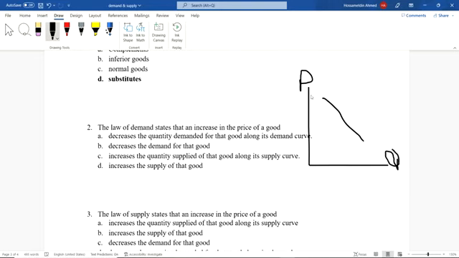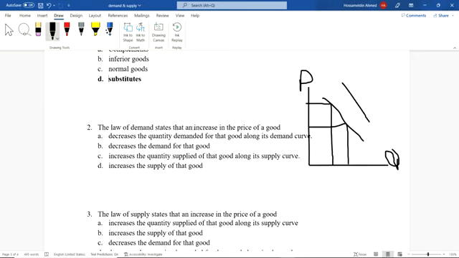As price changes, quantity demanded changes. This is a negative relationship. As prices increase, quantity demanded decreases, and vice versa. While price is decreasing, quantity demanded is increasing. So the change of price affects what? Does it affect quantity demanded or the whole demand curve? It affects only quantity demanded.